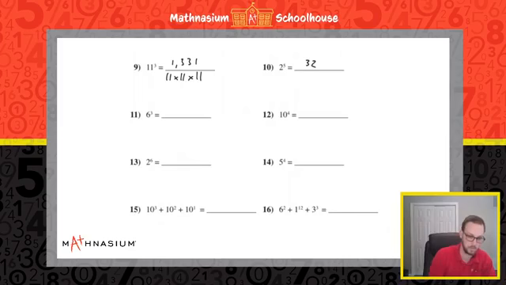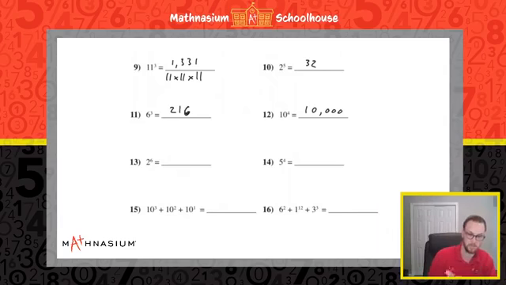Times 6. 36 times 6 is 216. Number 12. We can use our little strategy here, and I know that that's 10,000. Very nice.